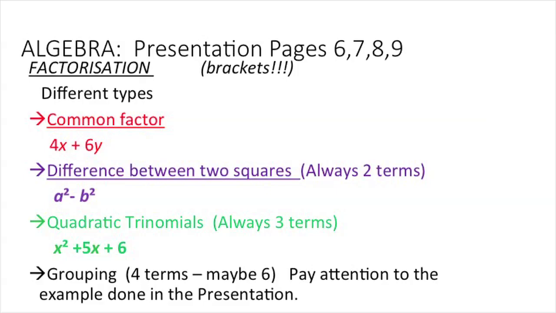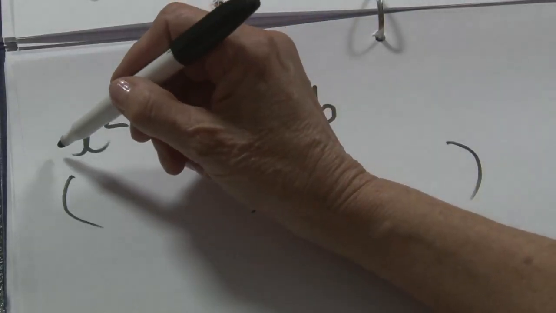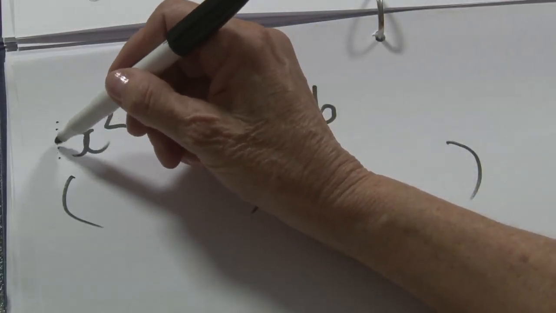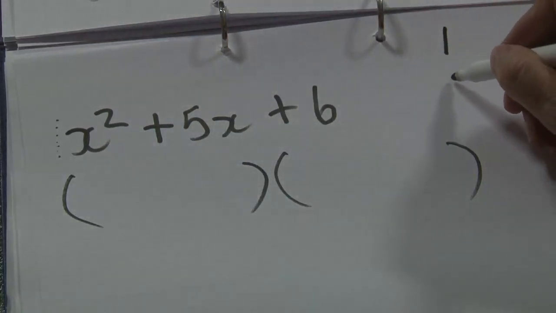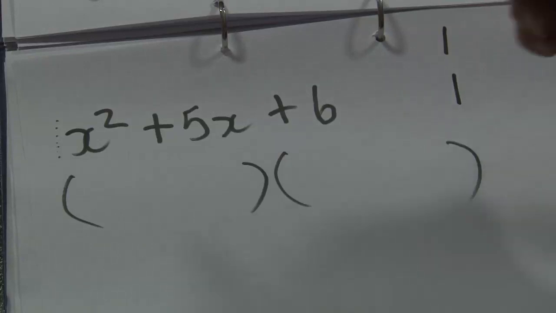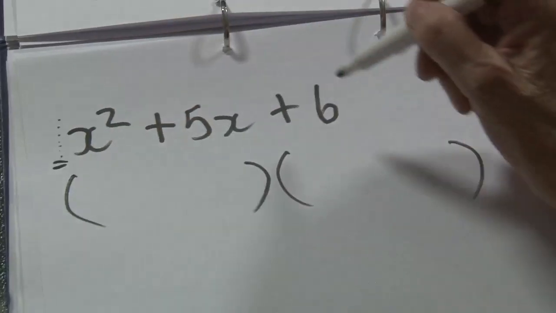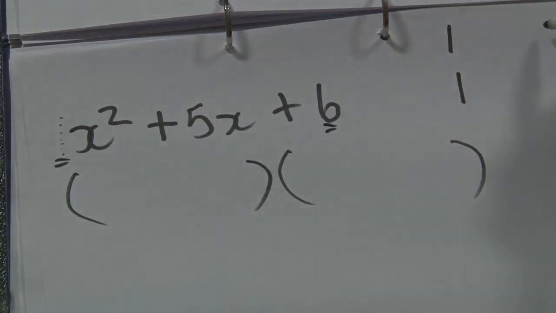Okay, 2 pairs of brackets. Now I look, there's an invisible 1 in front of the x. So the factors for 1 is 1 times 1. I look at the factors for the 1 as well as for the 6. 1 times 6 gives me 6. 2 times 3 gives me 6.